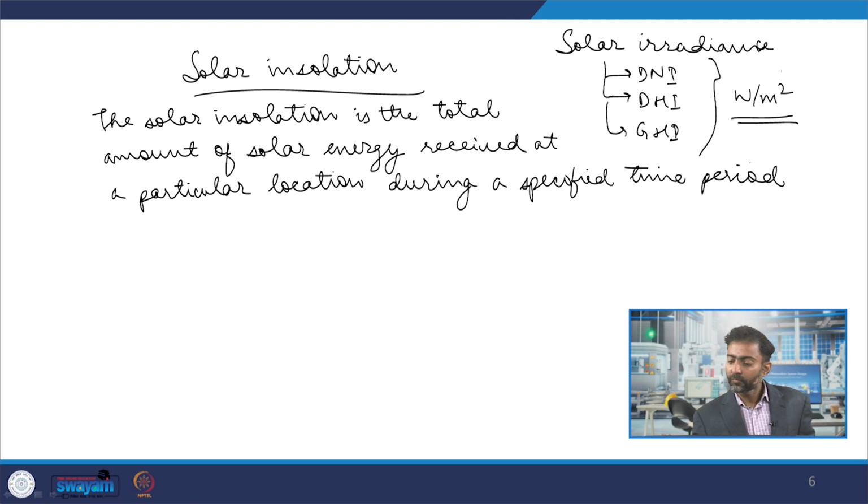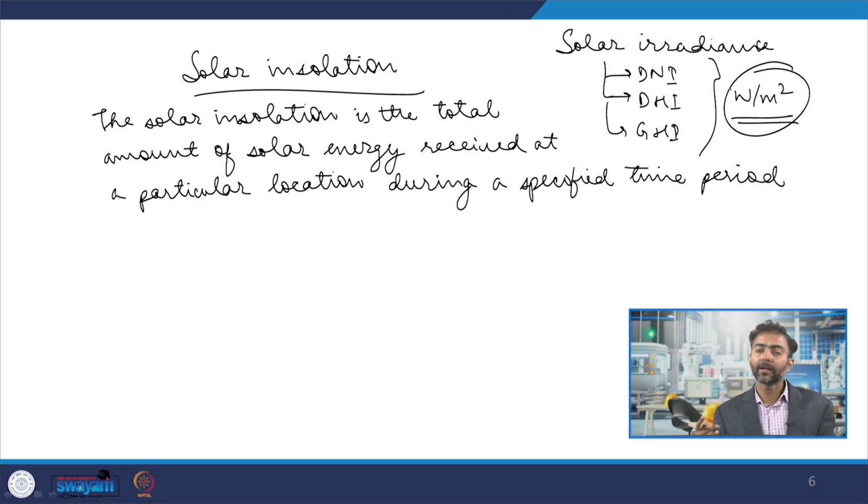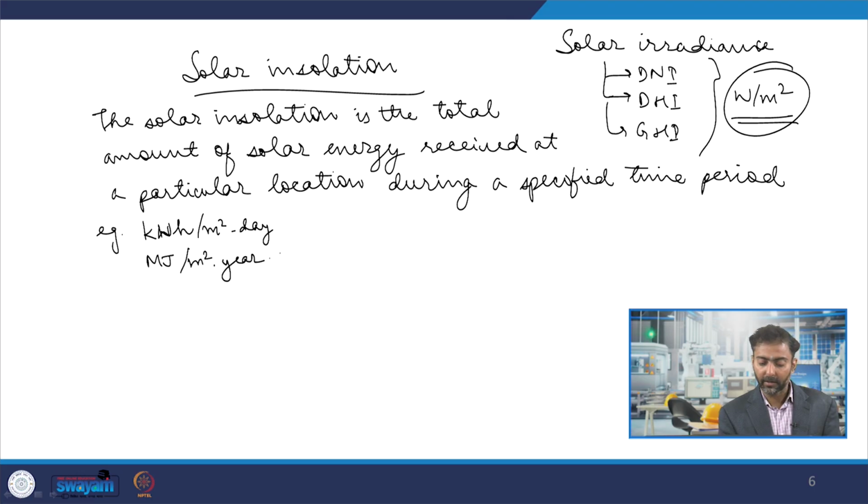So basically, in this watt per meter square, if we multiply it with units of time in the numerator and the denominator both. Some examples of this can be the total kilowatt hour per meter square per day, or the total megajoules per meter square per year, something like that. So this is the daily insolation.